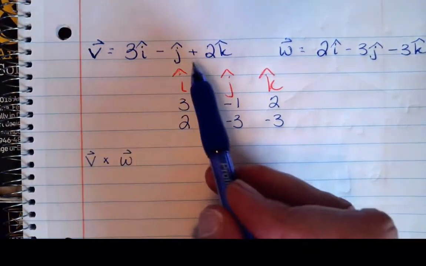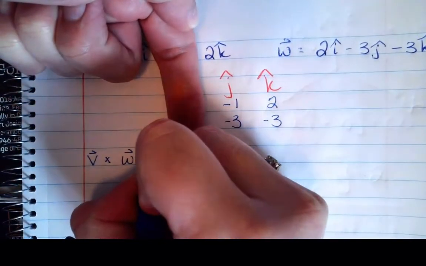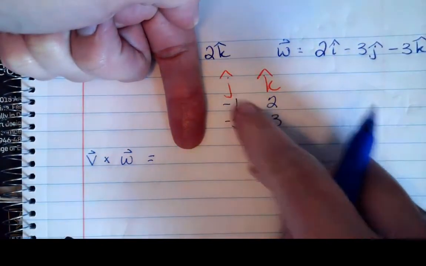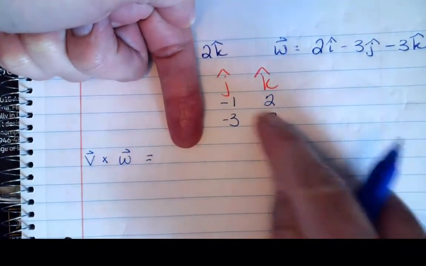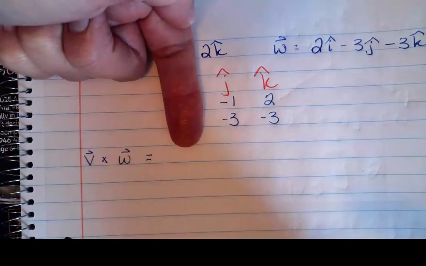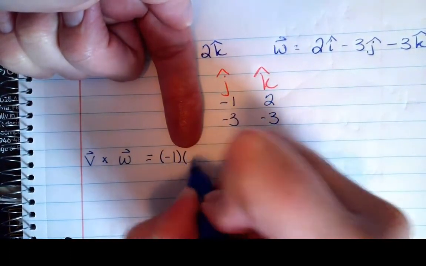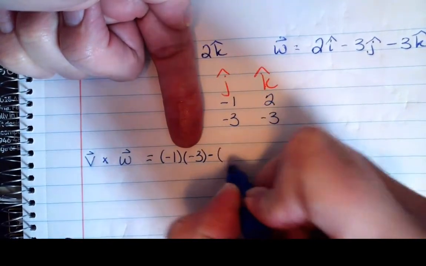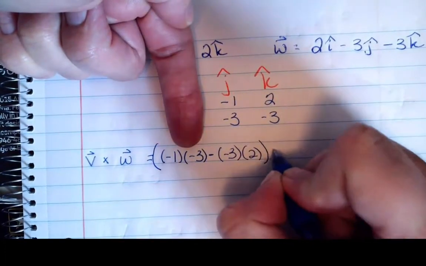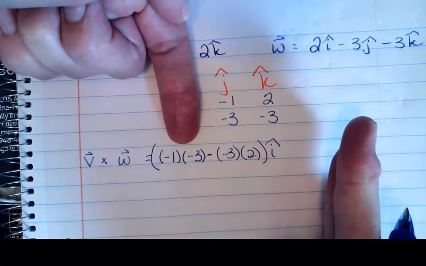If I want i, I'm going to cover up i, and then I'm going to take the determinant of what's left. So the determinant of the blue stuff. And so I'm going to cross multiply and subtract my differences. So I'm going to write out the first couple, and then we're just going to do it in our heads. So the determinant is going to be -1 times -3 minus -3 times 2, and that's going to be on i.